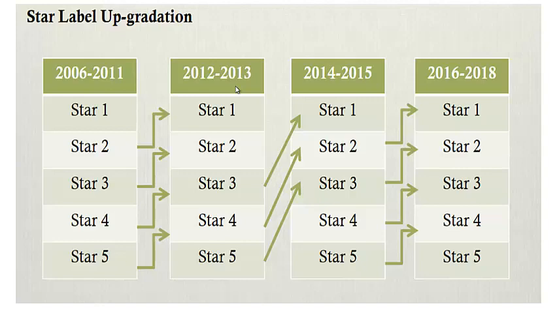When technology improves, you will see that the stars will change, because in 2011 star 5 was the most efficient appliance, but in 2012 to 2013 another appliance was made whose efficiency was more than this. That means the most efficient is now star 5, which is more efficient as compared to the star 5 of 2011, and it has upgraded. And now in 2012 it becomes a star 4.